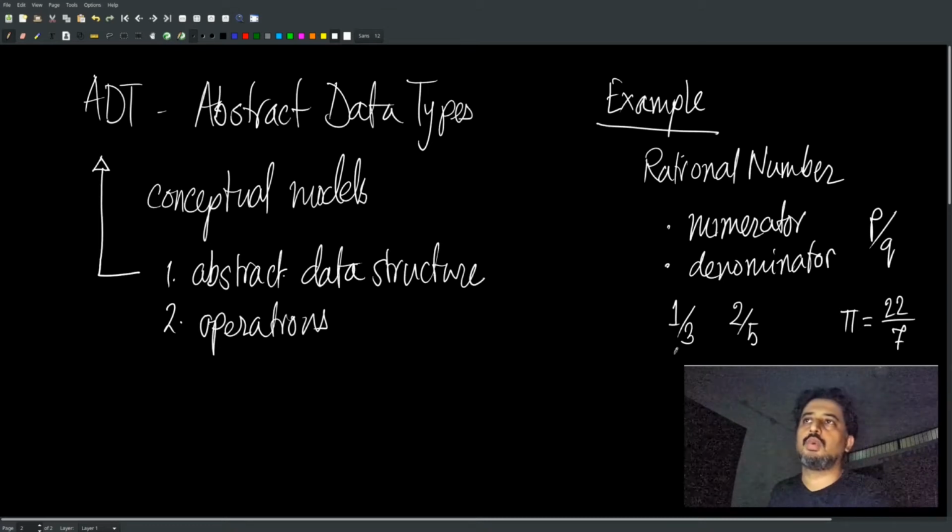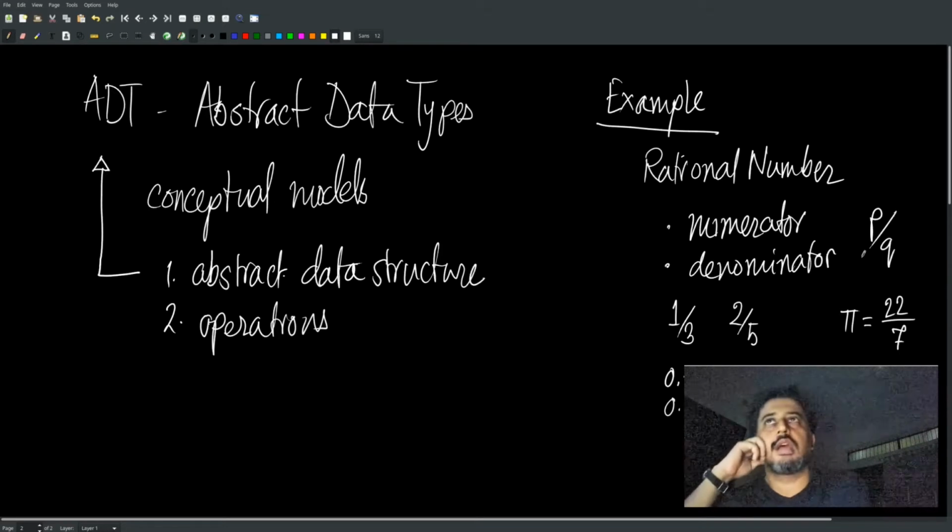And for 1 by 3, if you write it as 0.333, this is incorrect. If you write it as 0.3333, it's a little bit better, but it's still not correct. The important thing about rational numbers is that they can be represented in p by q form, and that's the only thing you've got to be bothered about.